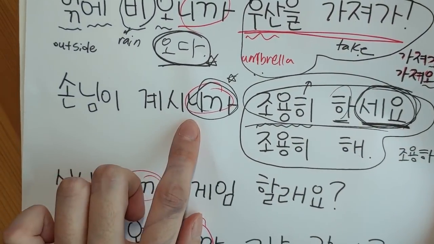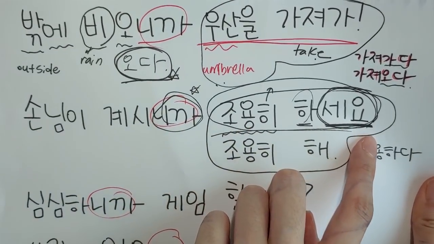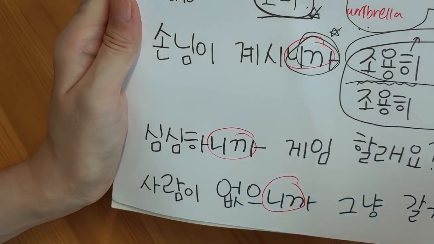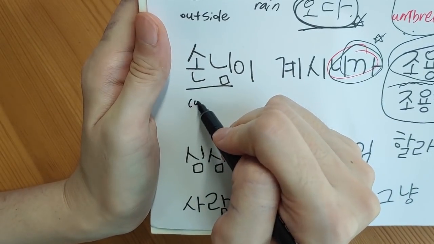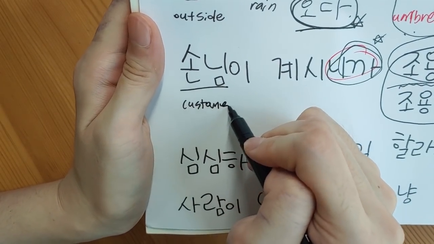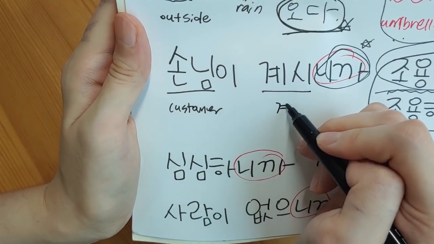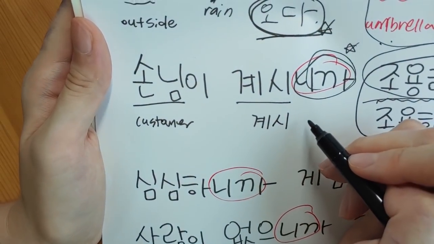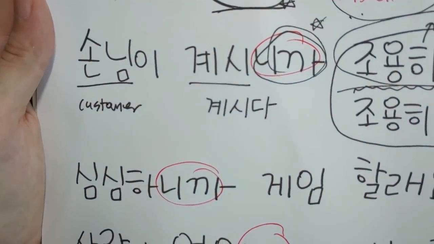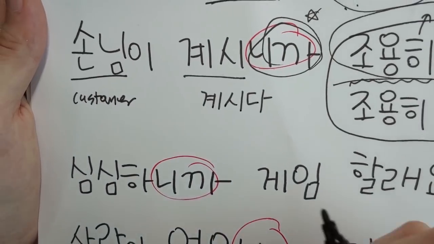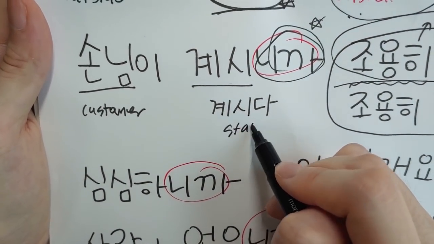So 손님이 계시니까 조용히 하세요 or 조용히 해. 손님 means a customer. 계시, do you guys remember this honorific verb? It comes from 계시다, which means stay.